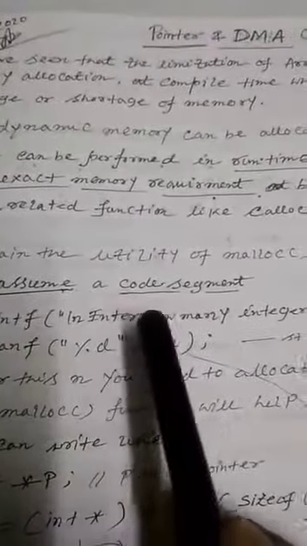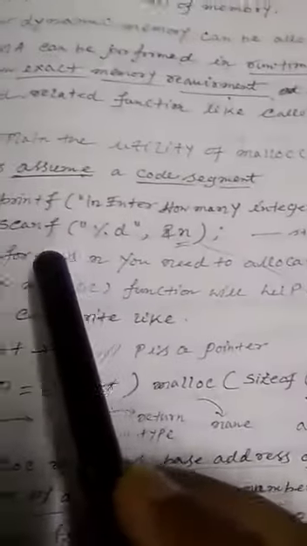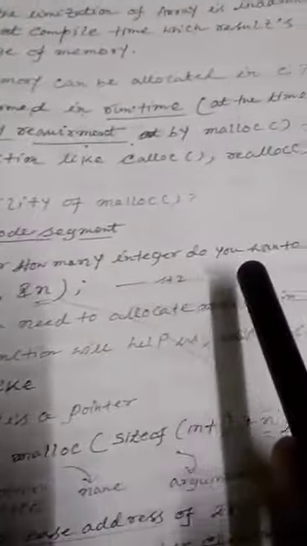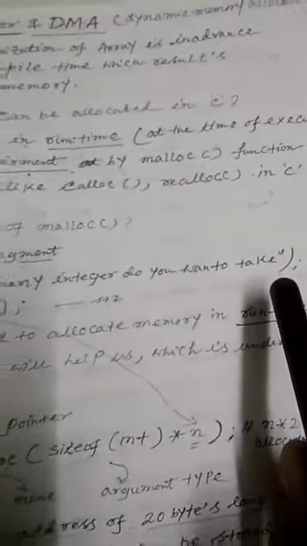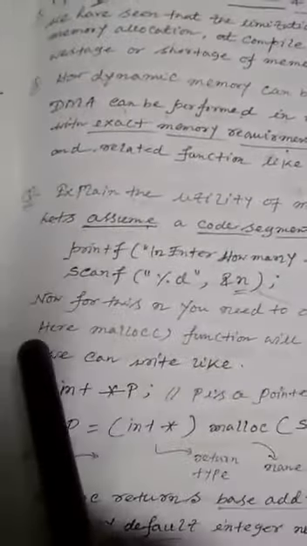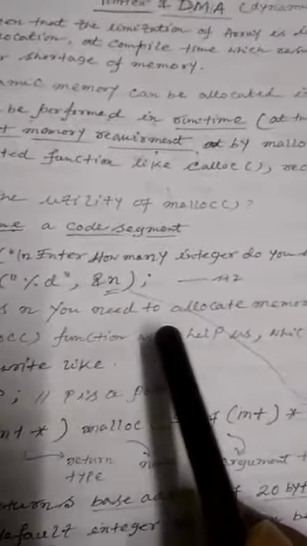Let's assume a code segment. I am going to explain with a problem. printf("Enter how many integers do you want to take"), and from the user we are taking the value into n by the scanf function. Now for this n, you need to allocate memory at runtime.